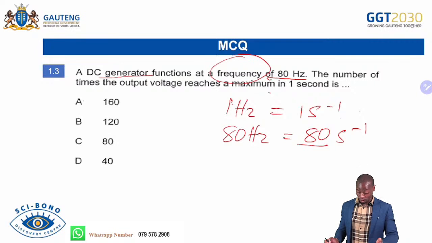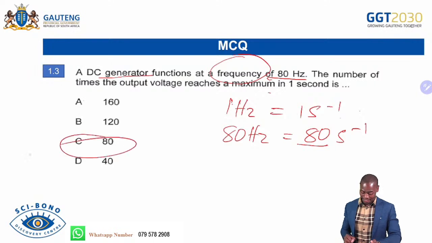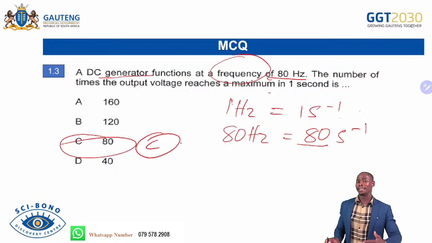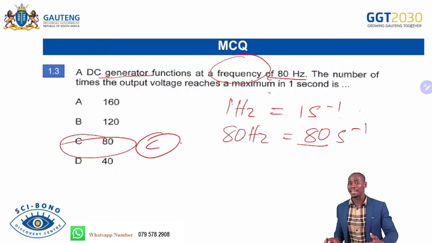All right. So that is the meaning of 80 hertz. So which means that the number of times the output voltage reaches a maximum in 1 second is still what? 80. So the correct answer here will be C. So you need to know the meaning of 1 hertz or the meaning of 80 hertz.